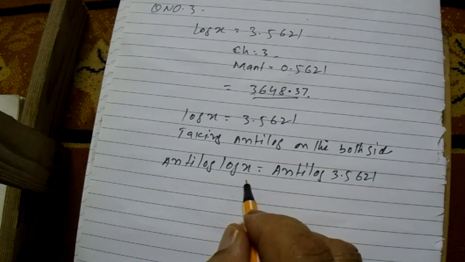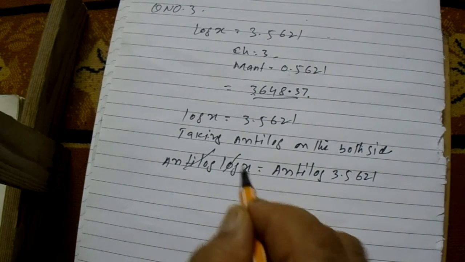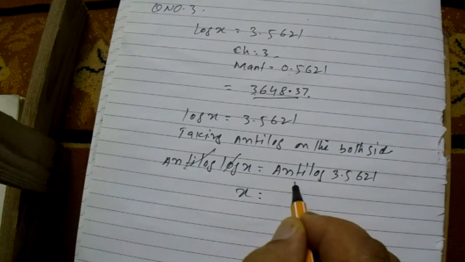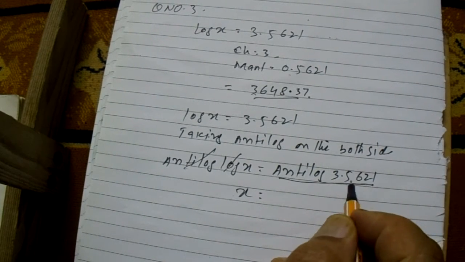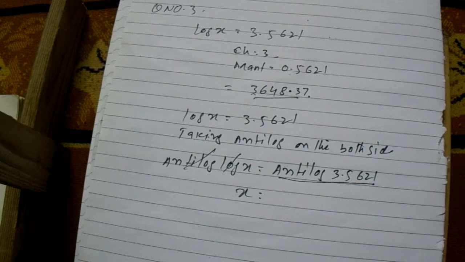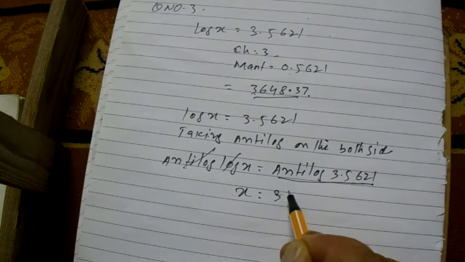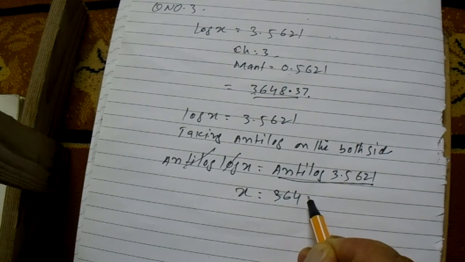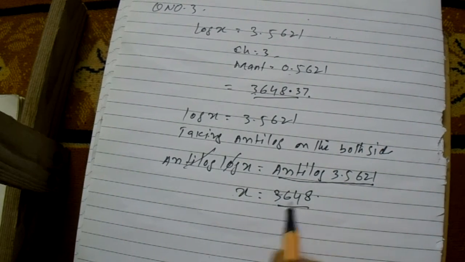Now this is our number. This anti-log will cancel this log. You have only x. You will find the anti-log of this number by using the calculator. Press shift log 3.5621, this is our number. You press equal, you will get 3648. Now this is your answer.